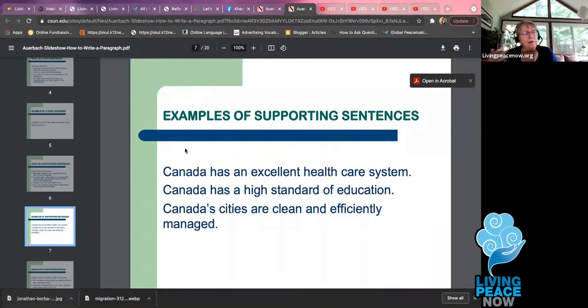So it could be, there were 3 ways that you can get to the most interesting part of Quebec City, talking about Canada. Each one can be about a different way to get to the top of the hill, but each paragraph would be a way. So basically, you start a new paragraph when you have a new story or a new example to share.